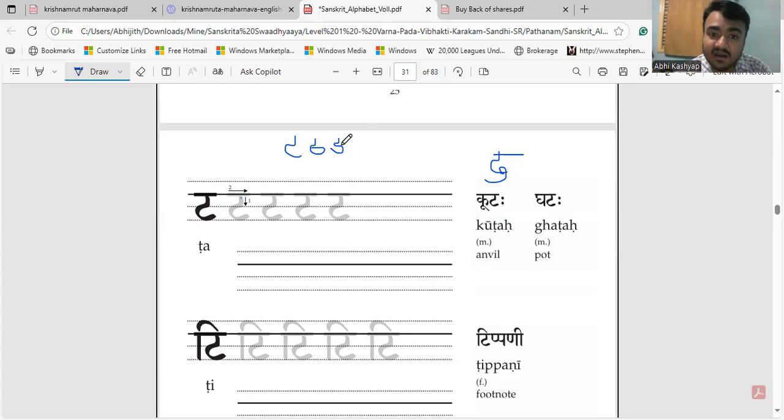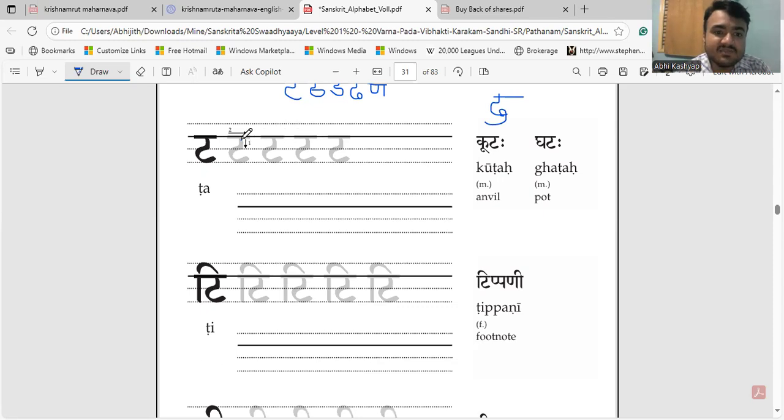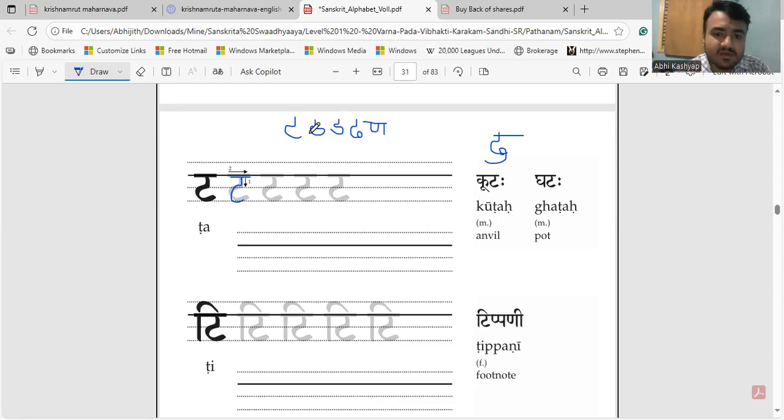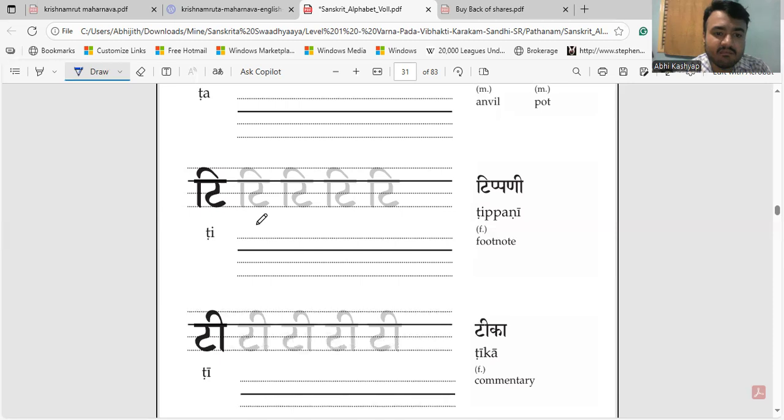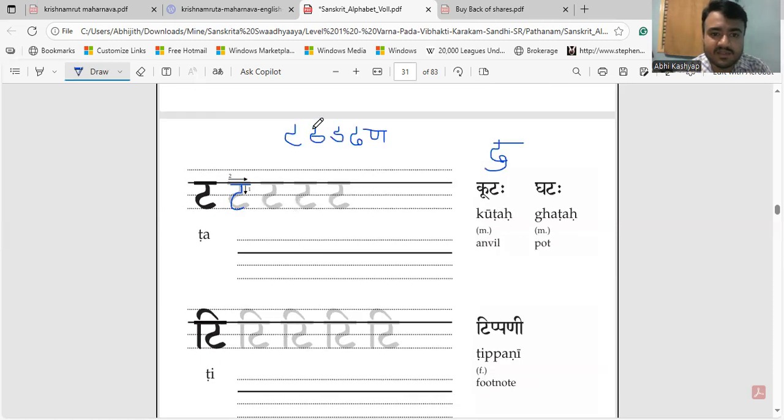This is da, and dha, the mahaprana dha, ta, tha, da, dha, and na. This is the anuswara of this varga. So how do we write this? This is pretty simple. The whole varga has a hook. That's all. If I complete the hook, this hook will be Mahaprana. This.